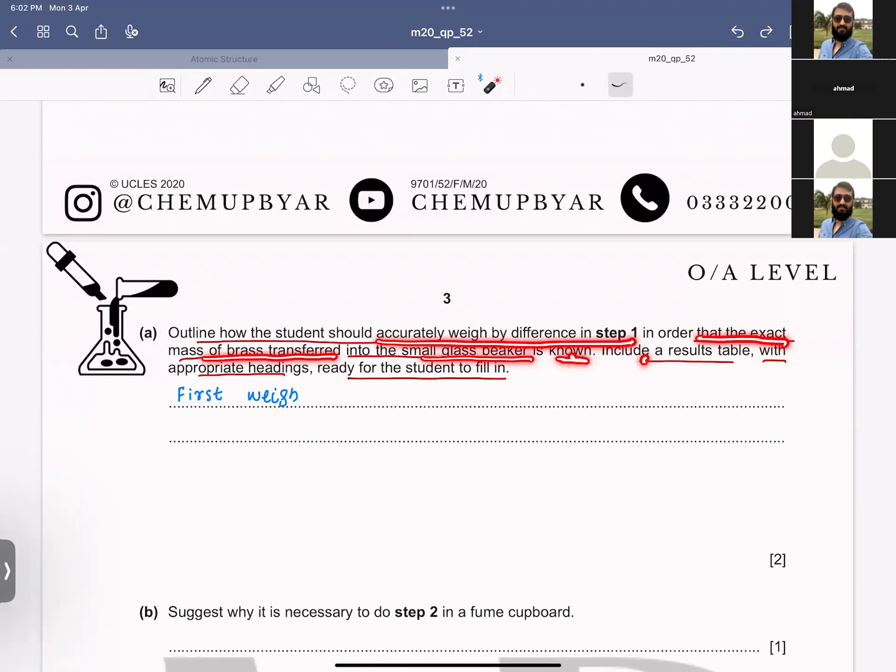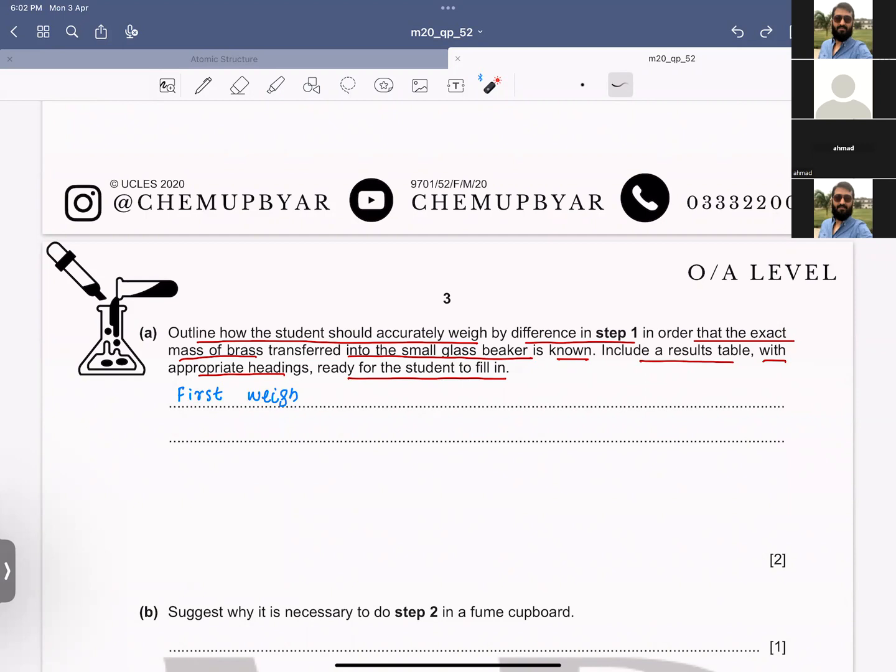So, can anybody suggest an answer for how we would do this? You have to weigh accurately and you have to weigh by difference in step 1. First, we are going to weigh the mass of the boat and the brass, and then afterwards take the difference.